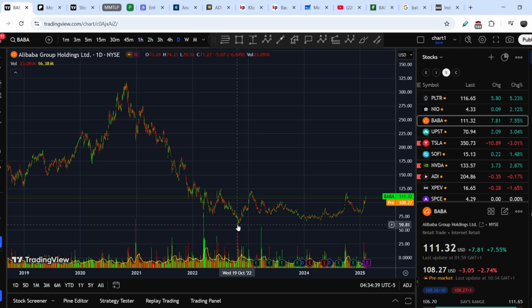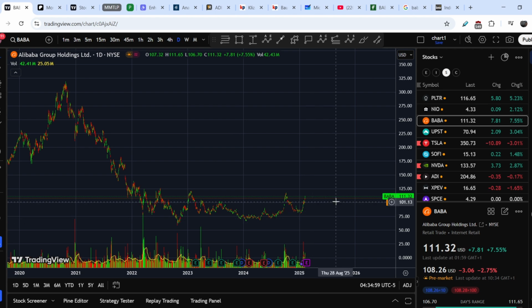This should be the lowest point if this asset breaks these levels, $120, $121. This range of resistance should be broken in order to establish higher highs and higher lows on a quite substantial scale. And from this point, guys, I think the movement of Alibaba will be pretty much defined.